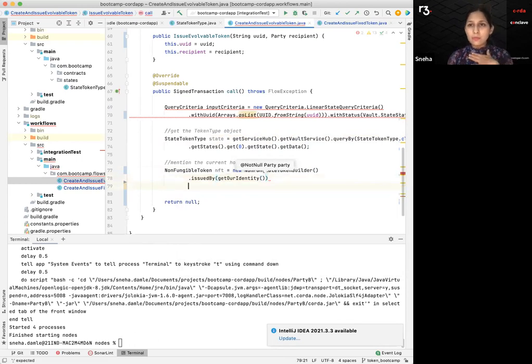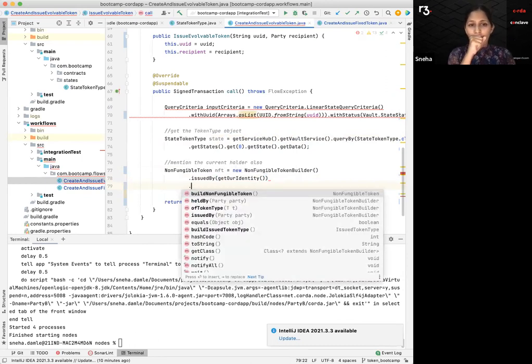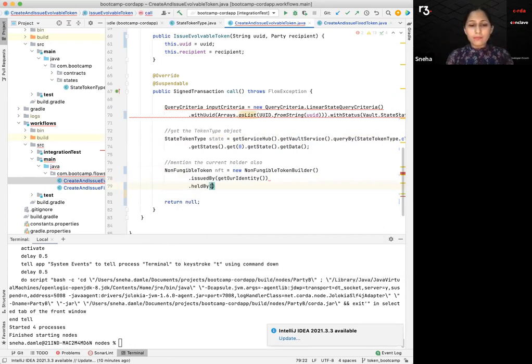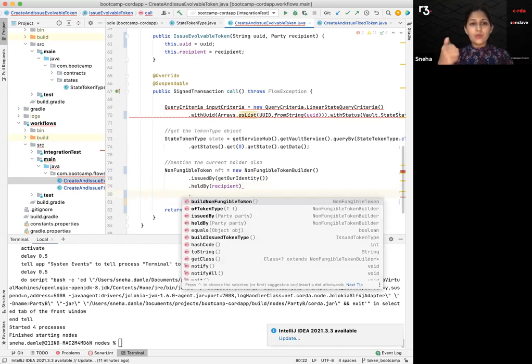So the issuer is me. Let's say I'm running this flow from party A's side, so party A will be the issuer. And let's say this token will be held by the recipient. The recipient is something which I'll retrieve, pass into the flow, and pass to the held by method over here.